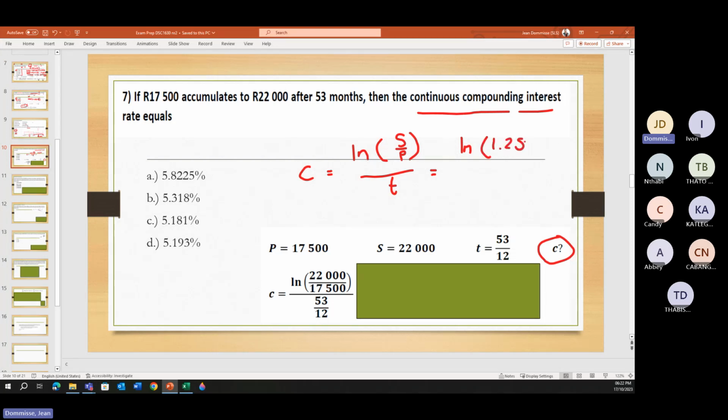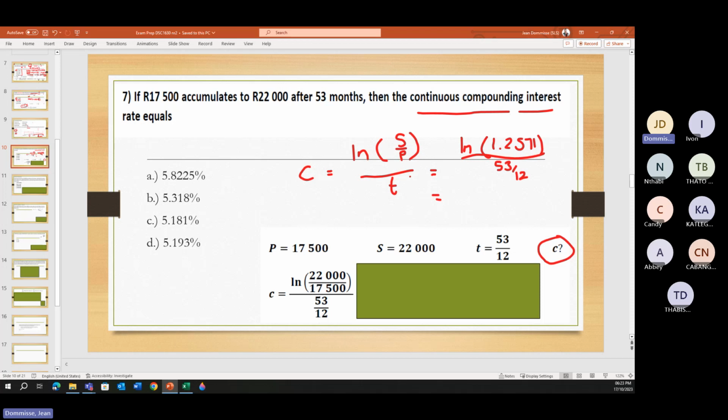So it might be that your calculator allows you to, in the type of functions, do ln in brackets S divided by P. So again, just depending on the type of calculators that everyone has, there might be a few different steps that you need to take in between.